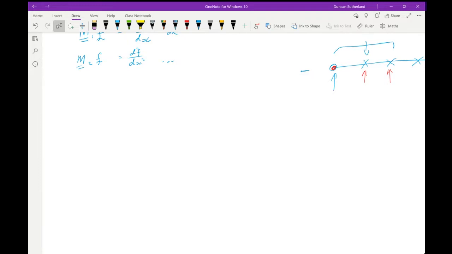Yeah, I'll do the first order, first derivative, right? Because effectively, it's almost the same as Euler's result anyway. So I want to approximate the first derivative.